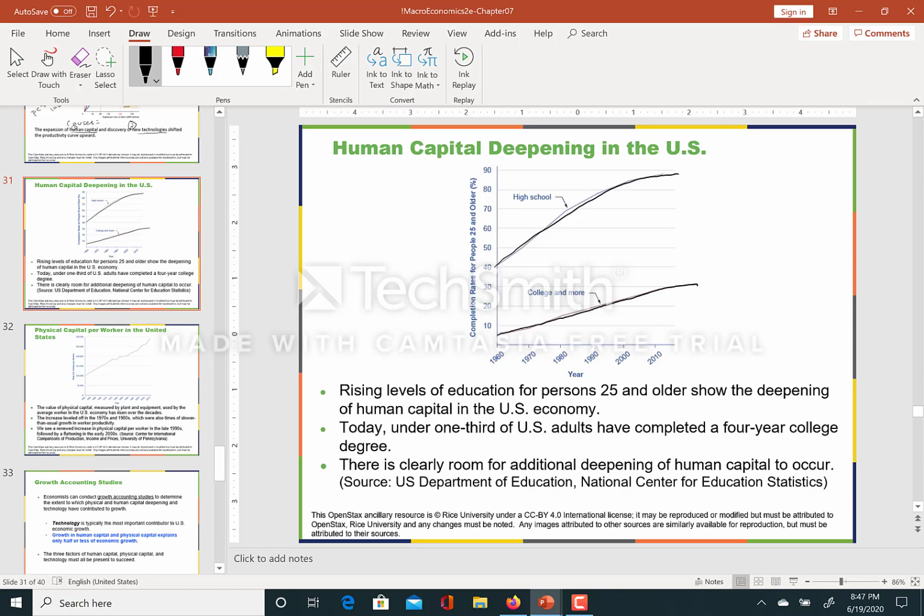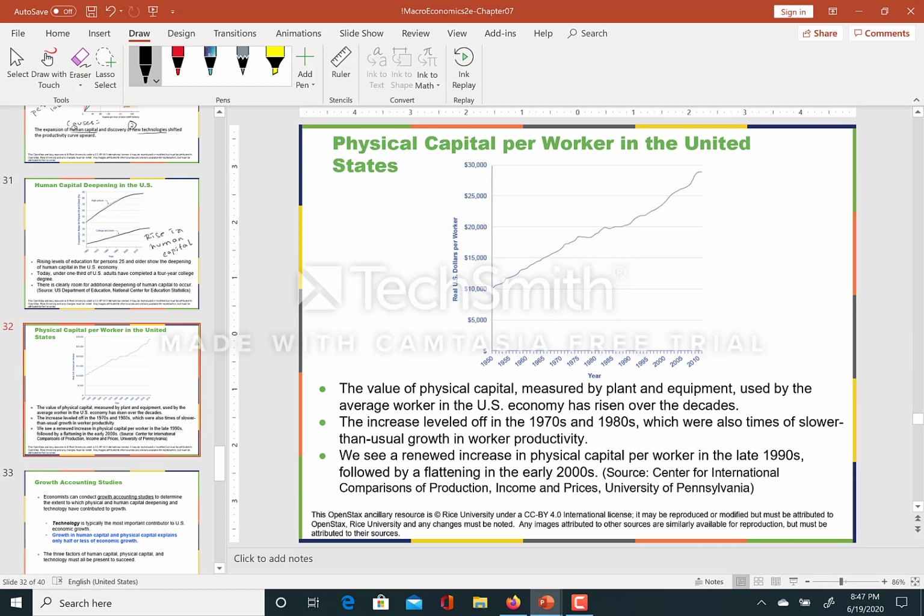That means we have some kind of rise in human capital in the US over time. And this is showing me the increase in physical capital. This can be new infrastructure, new plants, new equipment. So the physical capital has also increased over time.